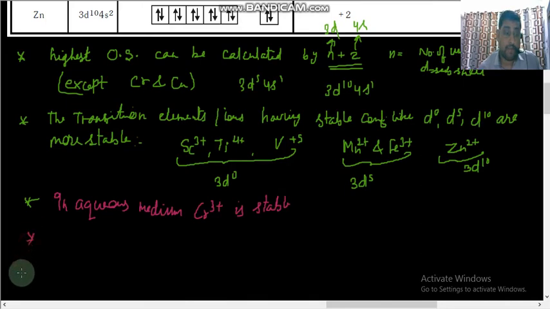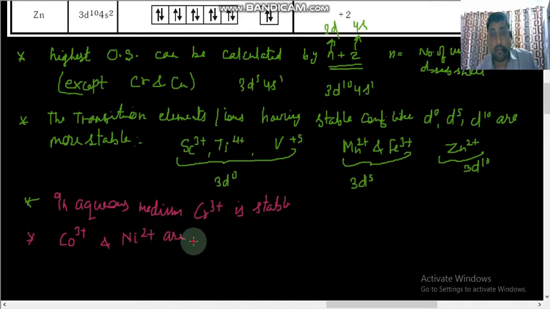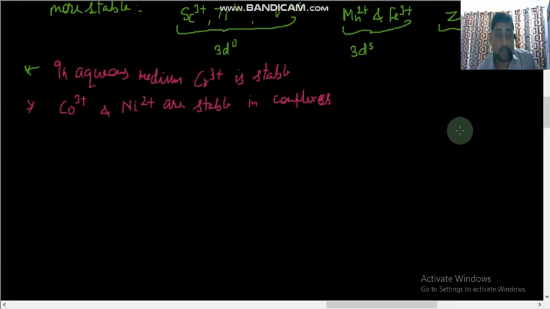Okay, then cobalt 3+ and nickel 2+ are stable in complexes. So in these states they form stable complexes. So they are stable in the complexes.